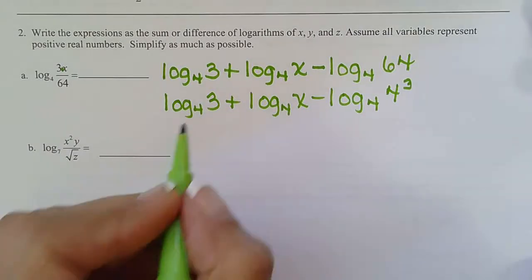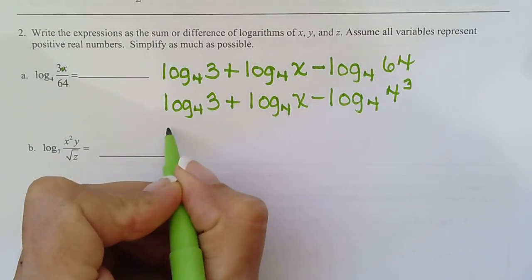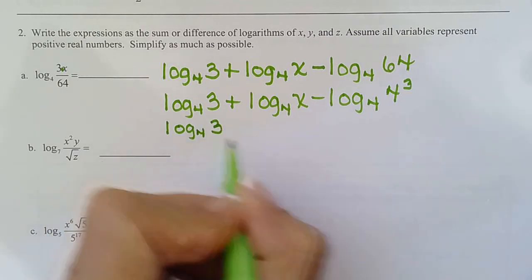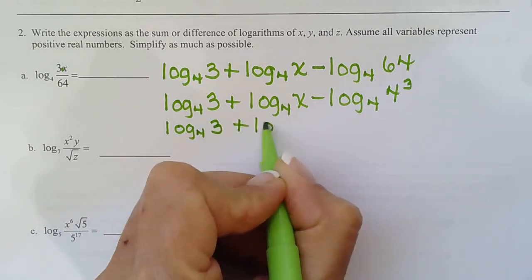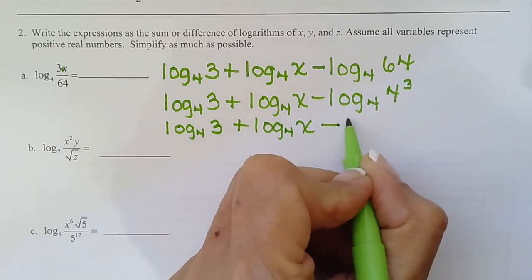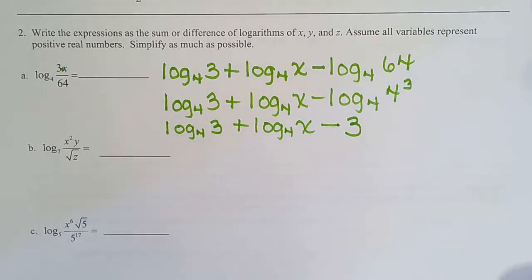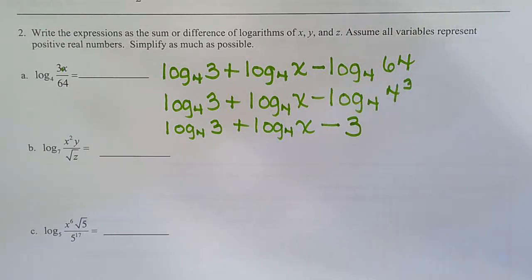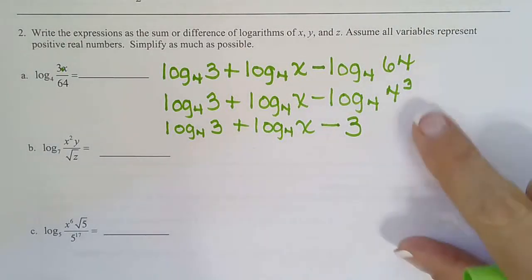So the simplified answer for this problem is log base 4 of 3 plus log base 4 of x minus just 3, because we learned from the last page, when we were doing the properties, that this expression is just 3.